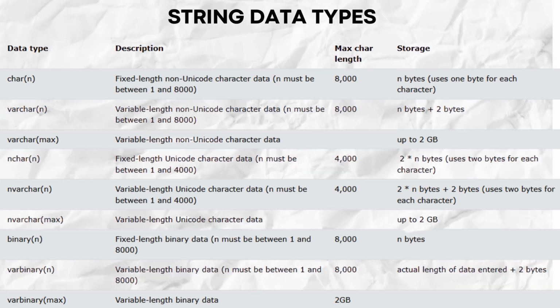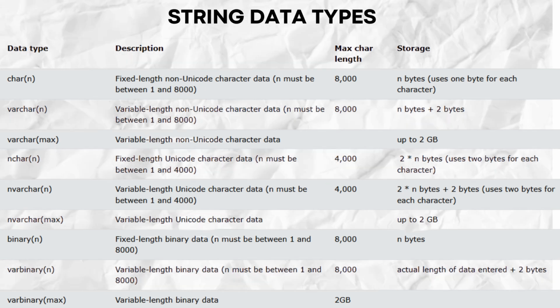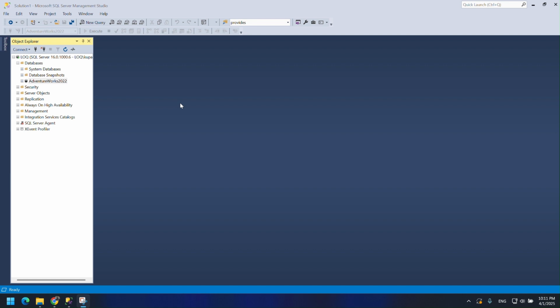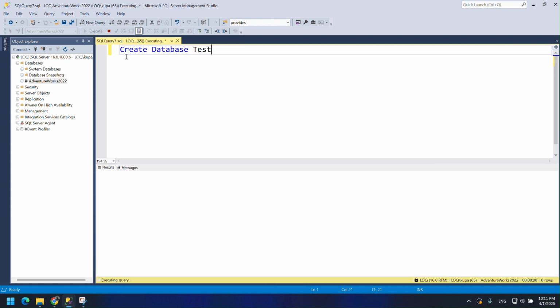Now let's use these string data types in our SQL Server. So open your Management Studio, click on New Query, and let's create a new testing database and call it, for example, test.